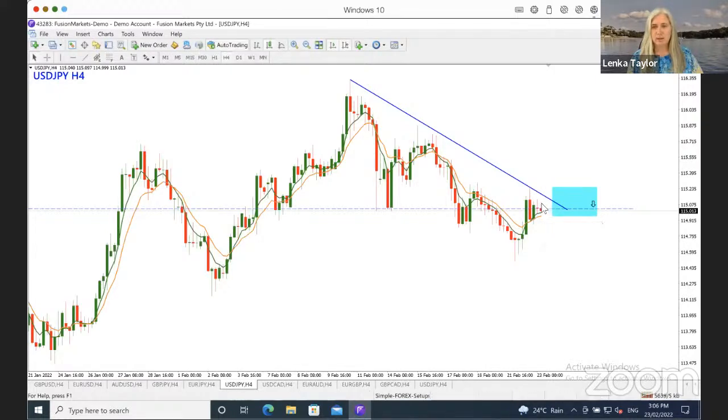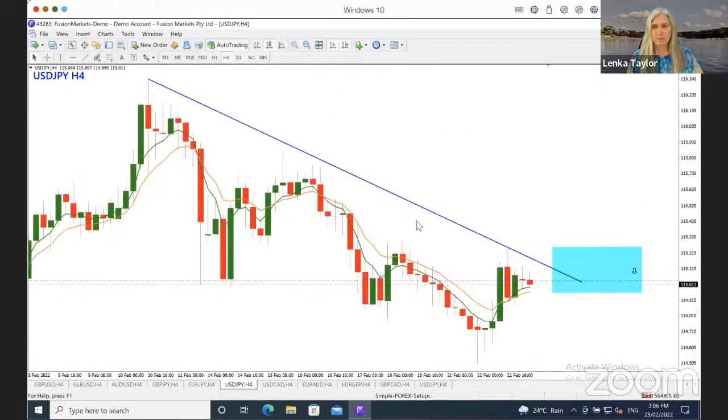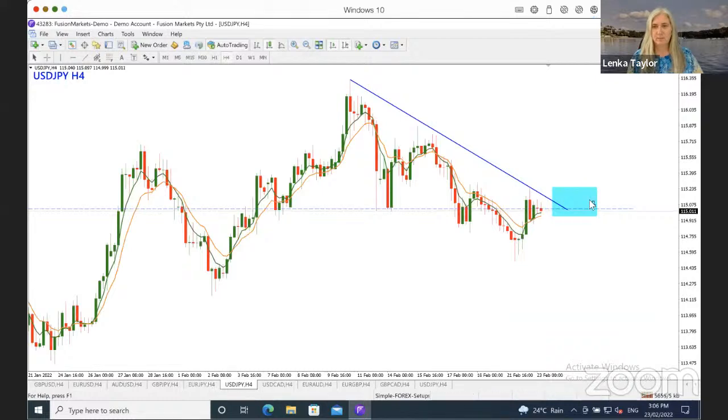So let's see. What I would like to see is a spike above that trend line or even above these previous bars, and then I would be looking for a short. So I'm looking for a false break first out of that little range of those candles, and then looking for a short after that if that plays out. So let's keep an eye out on this.